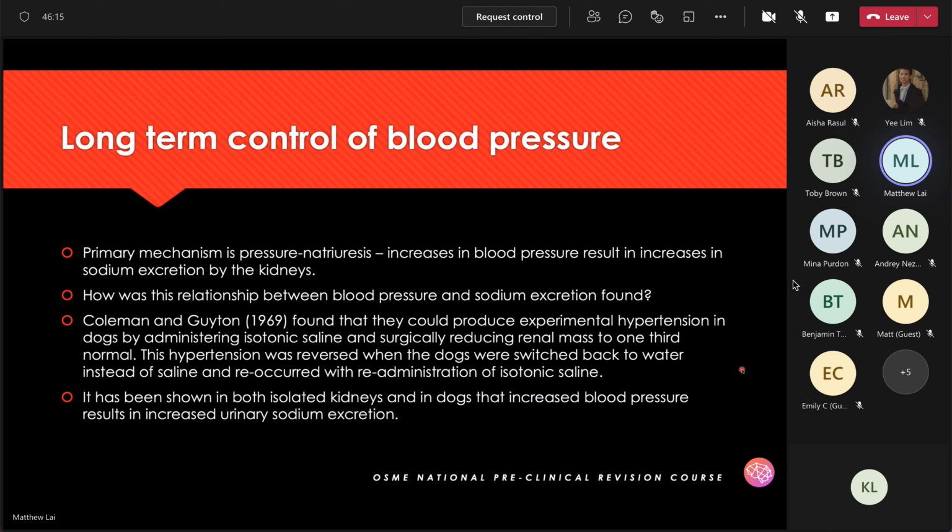And then they found that when they switched from water back to saline after that, the dogs got hypertension again. Also, it's been shown in isolated kidneys and dogs that increased blood pressure results in increased urinary sodium excretion. And you can find that out by measuring how much comes out, as well as measuring the blood pressure and correlating the two.